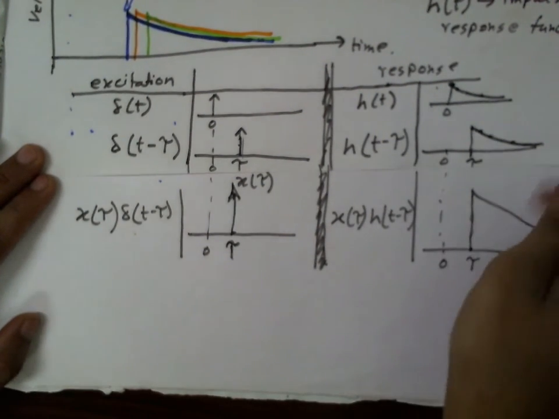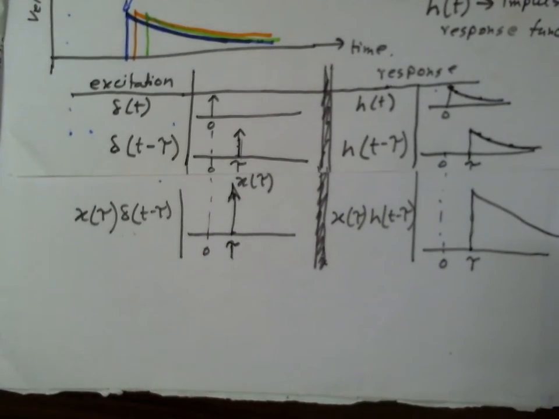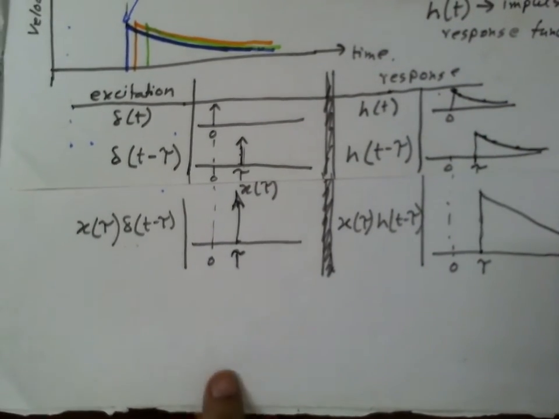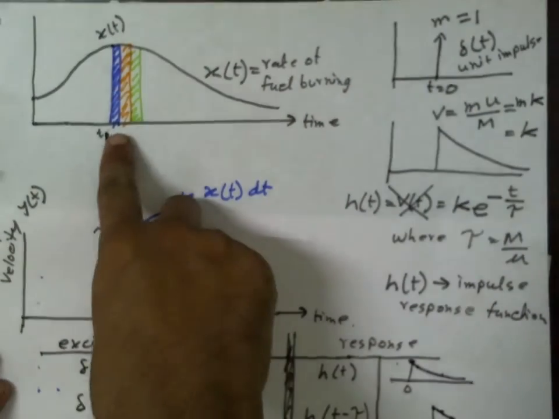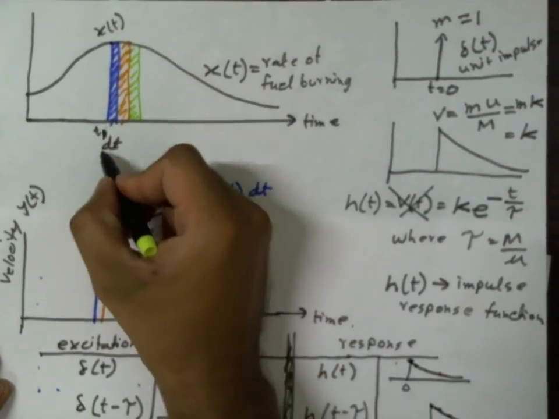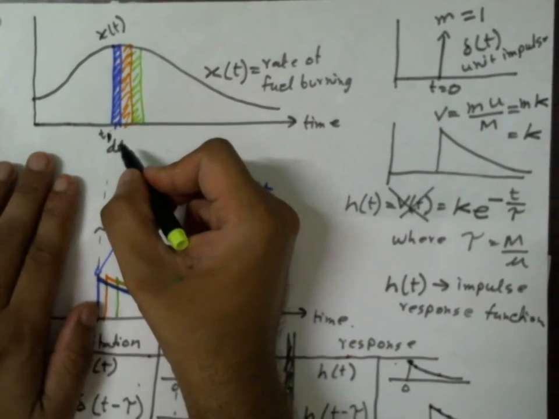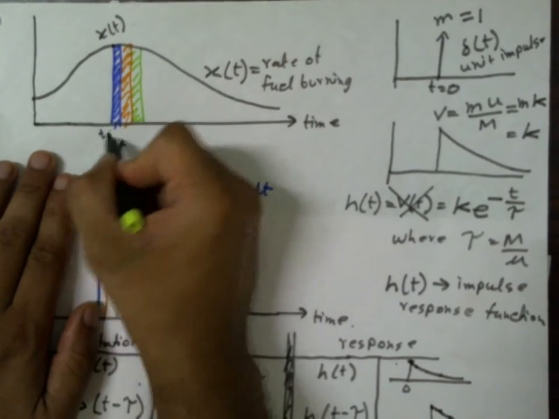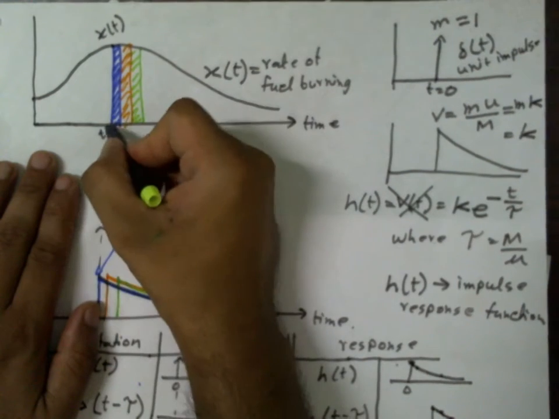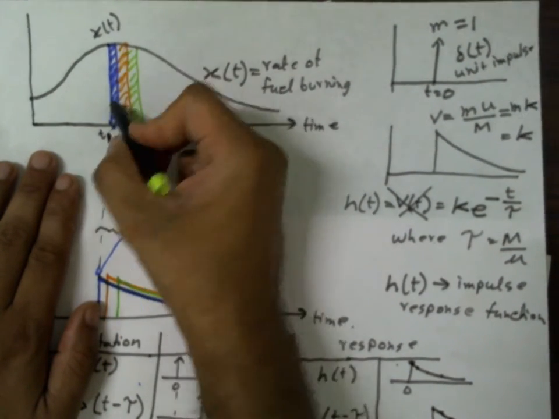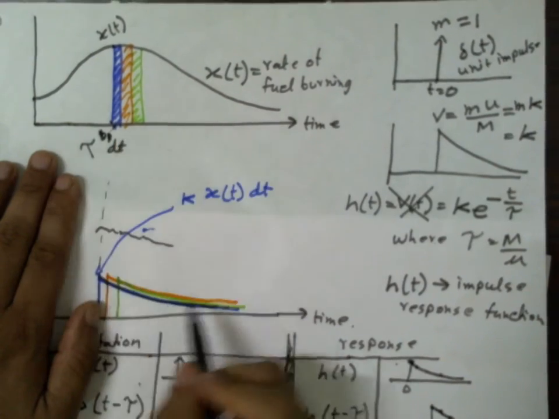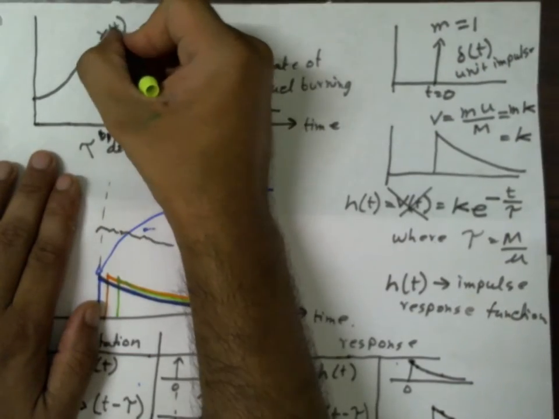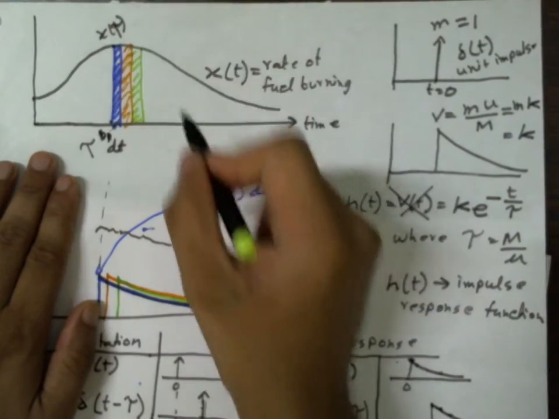Okay, now let us look back again at this curve. In this curve, instead of using the symbol t, to denote this point, let me denote it by the symbol tau. So this point is tau, so that means this is x tau.